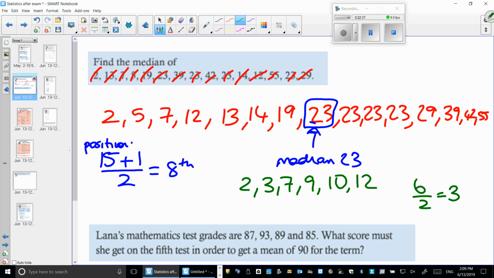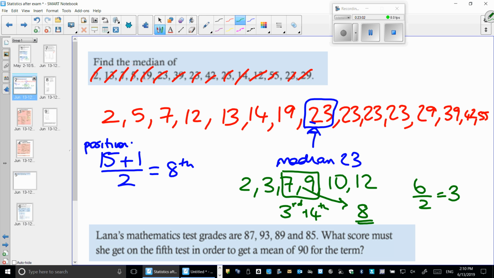So you find the 3rd and the 4th piece of data. If it's an even number of data, you cut it in half and you find the 2 either side of the middle, add them up and divide by 2. So in this case, that would be 8. So that's how we find medians.